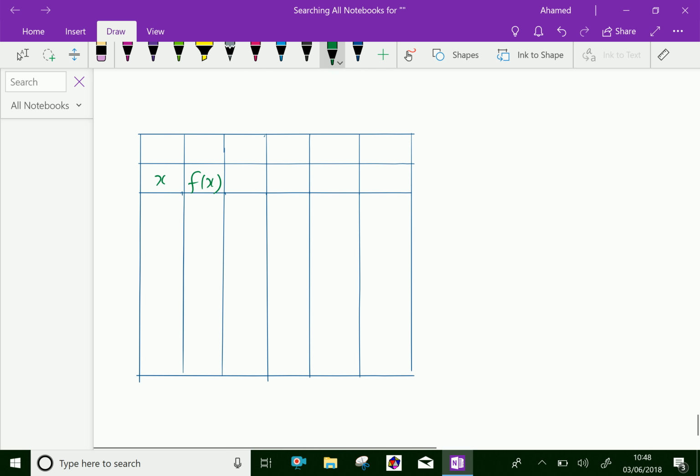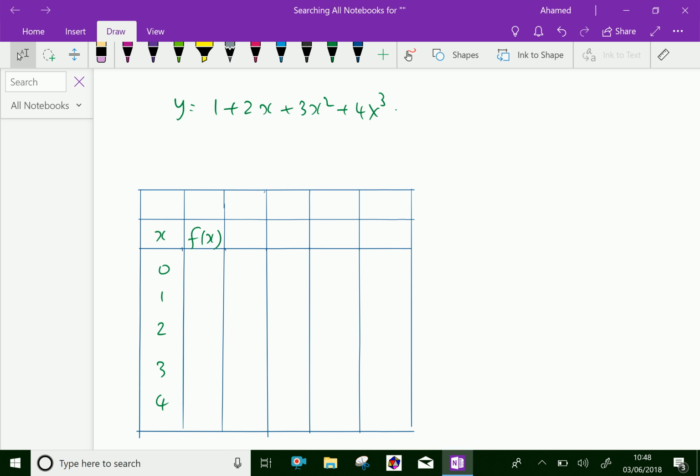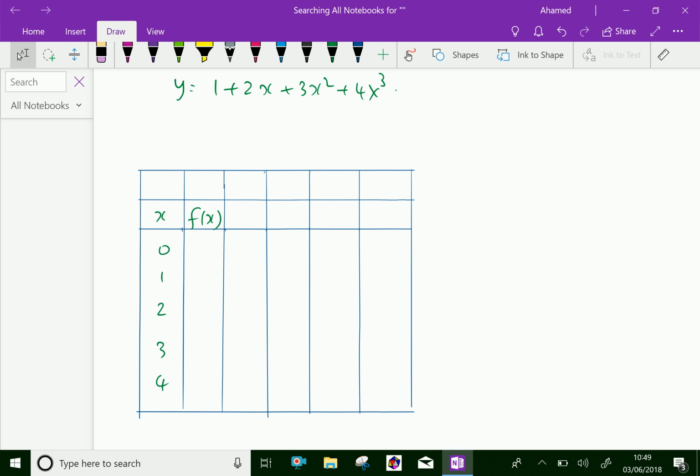Here we put 0, 1, 2, 3, 4, because the last term is 4x cubed, so up to 4 you have to take. When x is 0, we get y as 1. For x equal to 1, y is 10.